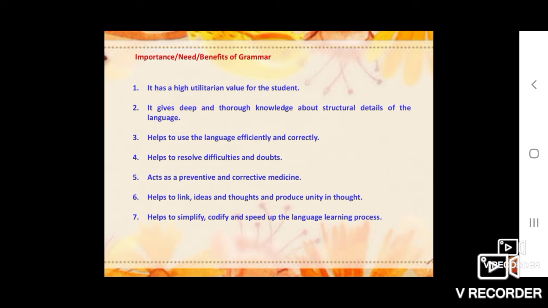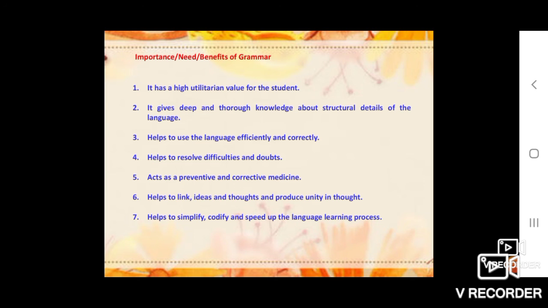Language is nothing but structure. There are many structural stages, so we have to get command over these structures, and after getting knowledge of basic structures, we are really part of this type of language learning.